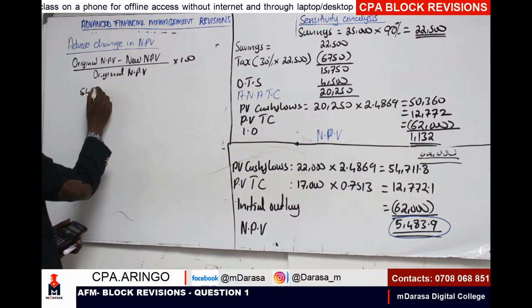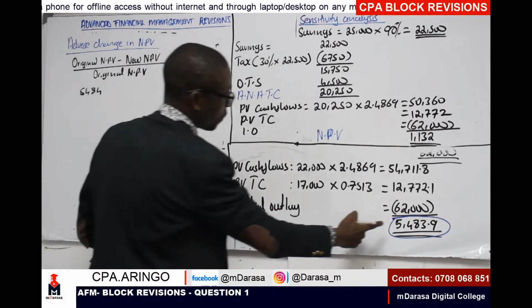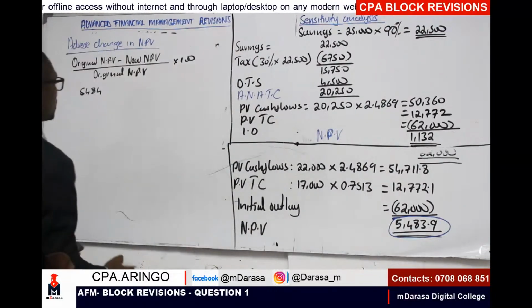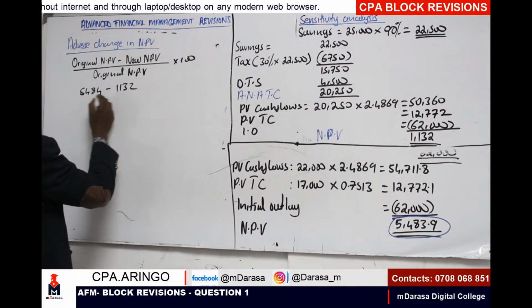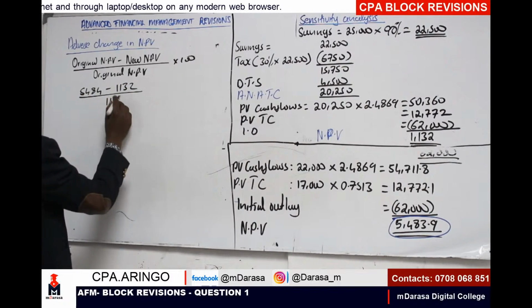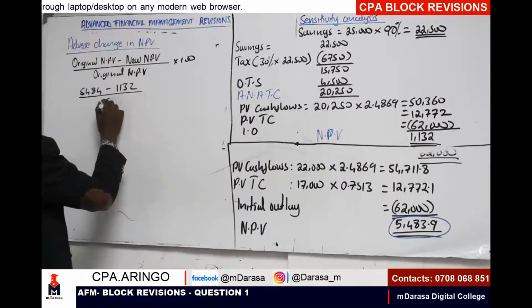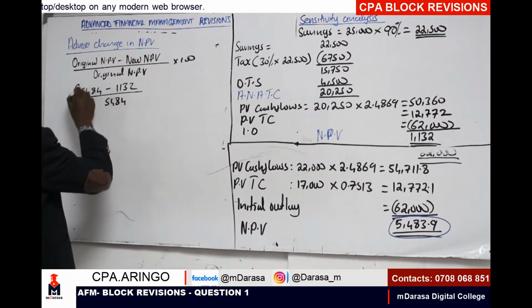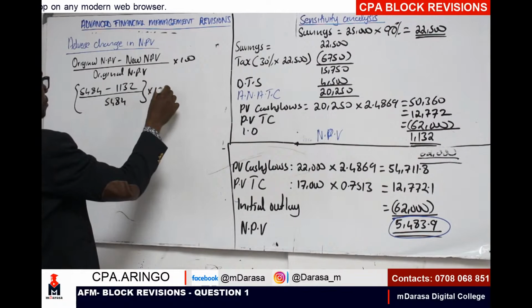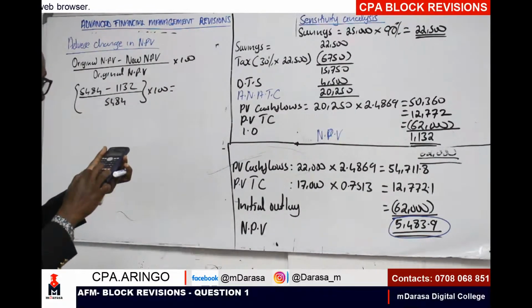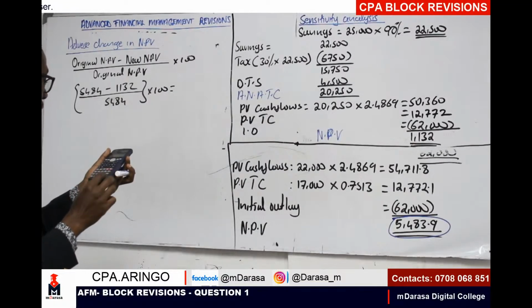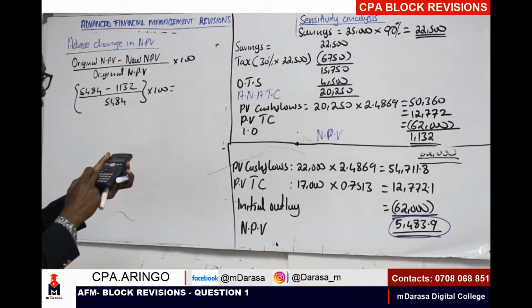So I should be having the original NPV, which was 54.84, because it was 0.9. So 54.84 minus 1,132, divided by 54.84, times 100.